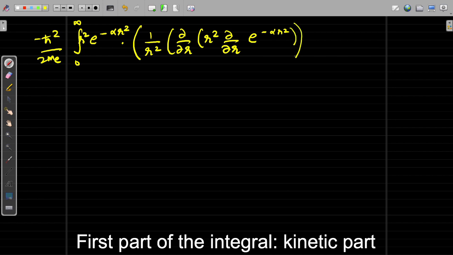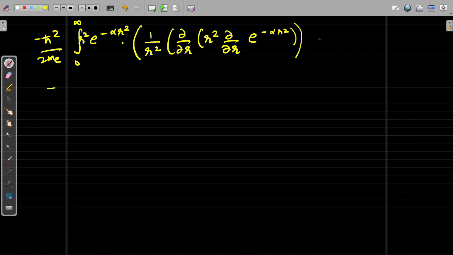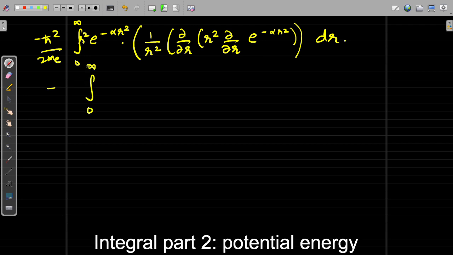This is one integral that we have to end up doing, and the other integral that we have to end up doing would be minus, of course I missed a dr here, and then you are also going to have integral 0 to infinity e power minus alpha r square, there is an r square up front, minus e square by 4 pi epsilon naught r, which is the potential, times e power minus alpha r square.